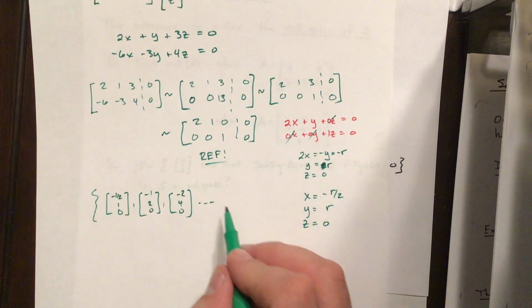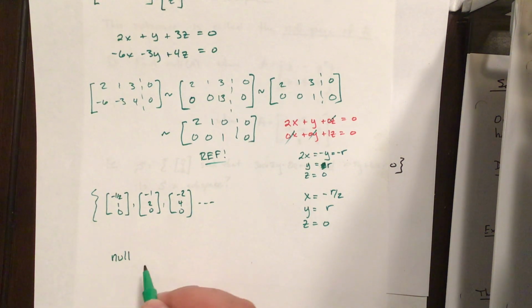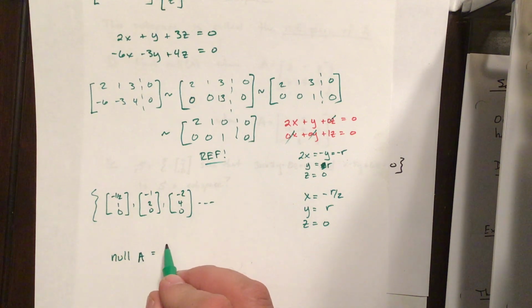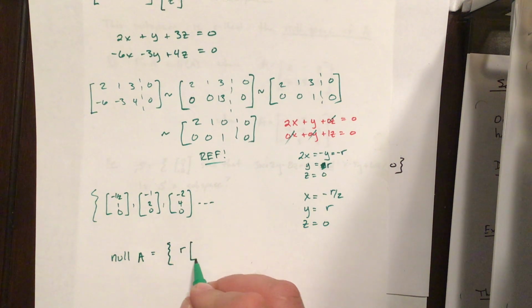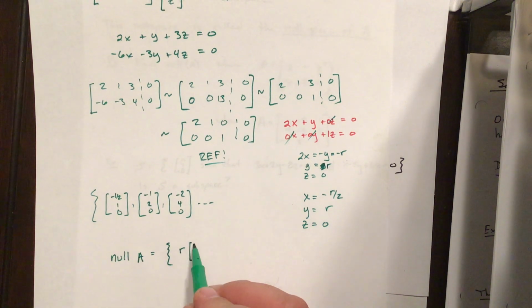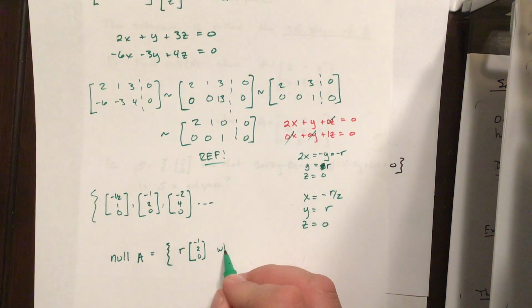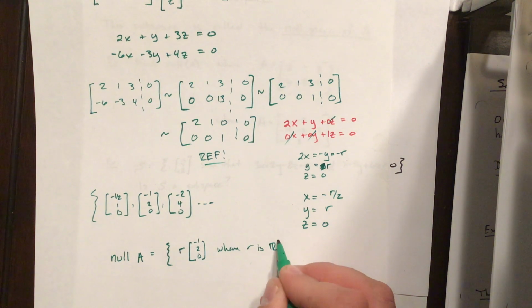So the null space of A is the set of all vectors that are of the form r times, and I don't like fractions, the vector -1, 2, 0, where r is real.